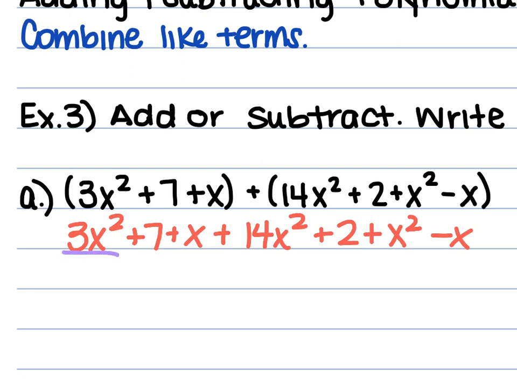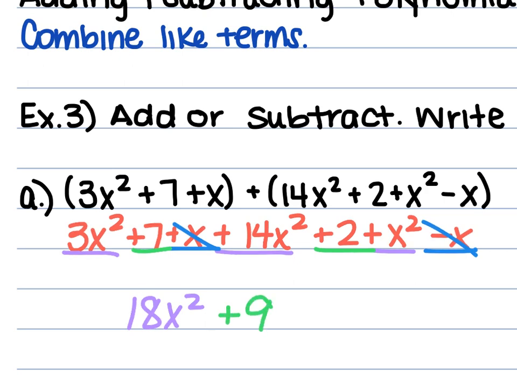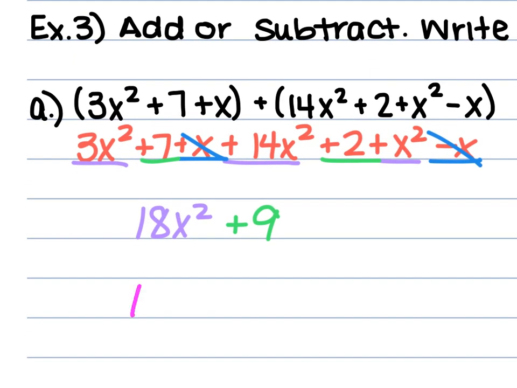You have the 3x squared, the 14x squared, and the x squared. So if we add the 3, the 14, and the 1, we are going to get 18x squared. Then we have the x, which cancels out with the negative x. And lastly, we have the 7 and the 2, which is going to give us a positive 9. So our answer for this is 18x squared plus 9.